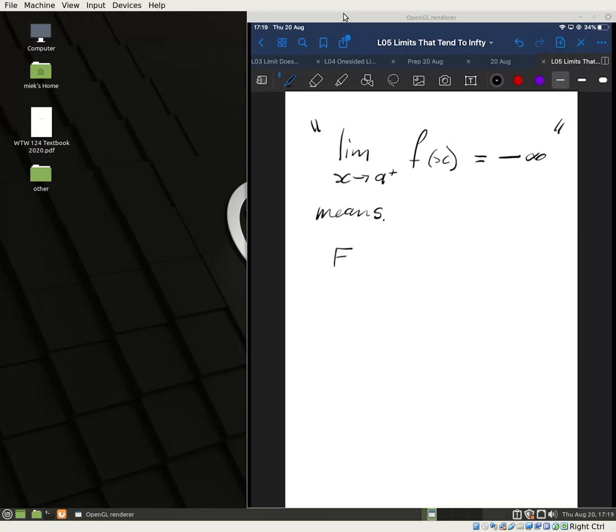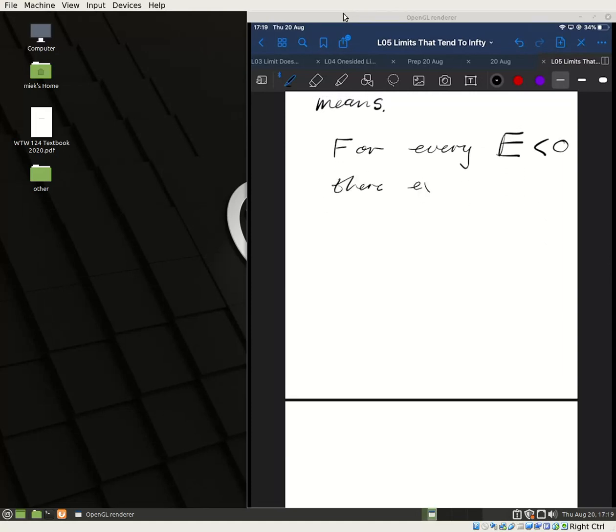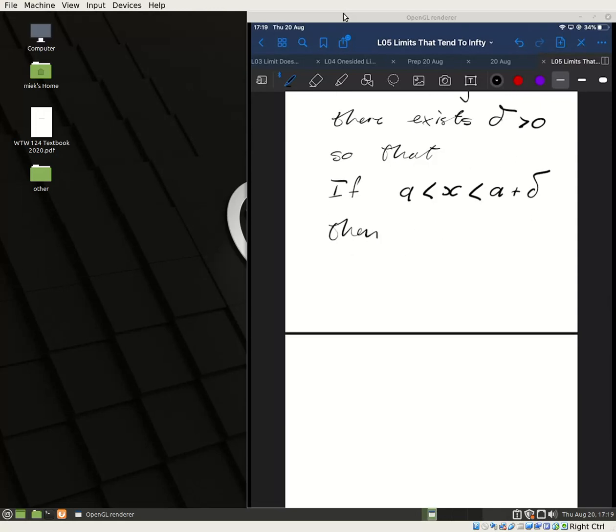This means for every negative number, capital E, so less than 0, there exists a delta greater than 0, so that if x is to the right of a but within a delta distance of a, then f of x is smaller than E.